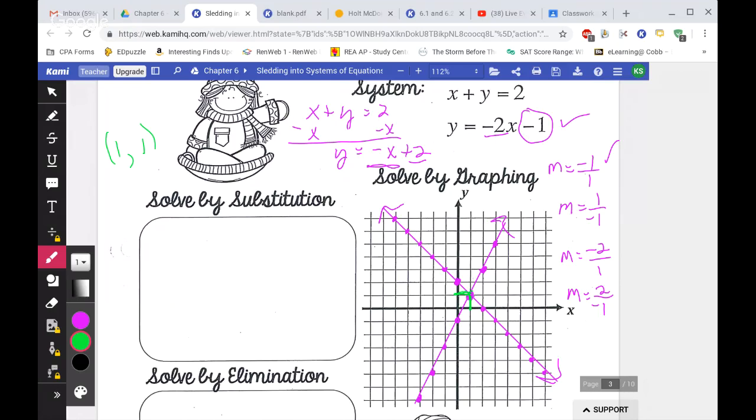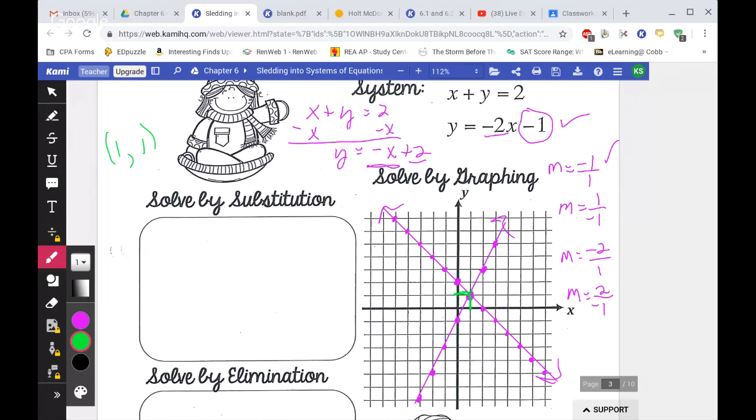Let me see. Y equals. Is that what everybody else got for this one? Anybody see how I graphed it wrong? Well, it should be -3, 5.